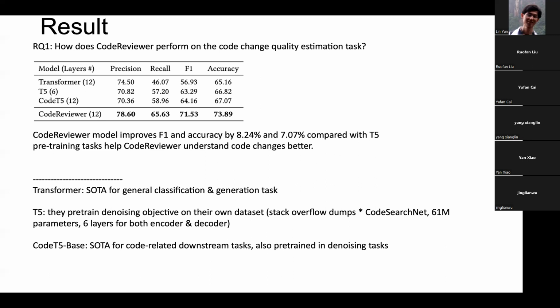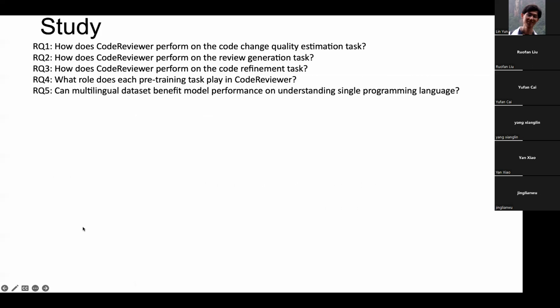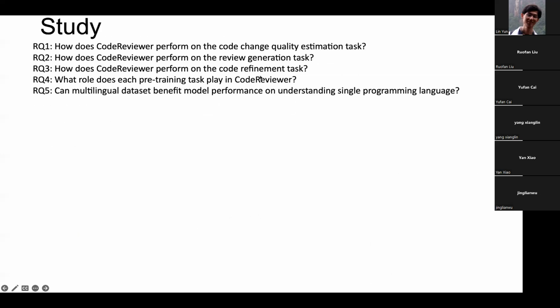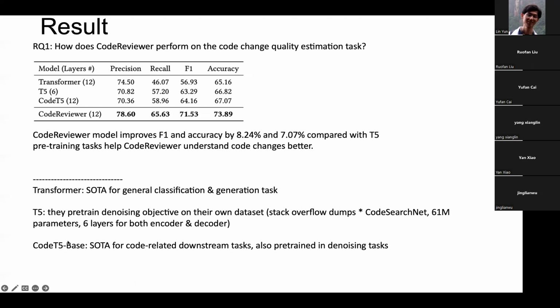And I remember this paper argues that the code reviewer is T5, right? It's based on T5. But why do they use 12 layers, but T5 here uses 6 layers? 12 layers, I mean for the code reviewer. Yes, but for T5, why do they only use 6 layers here?